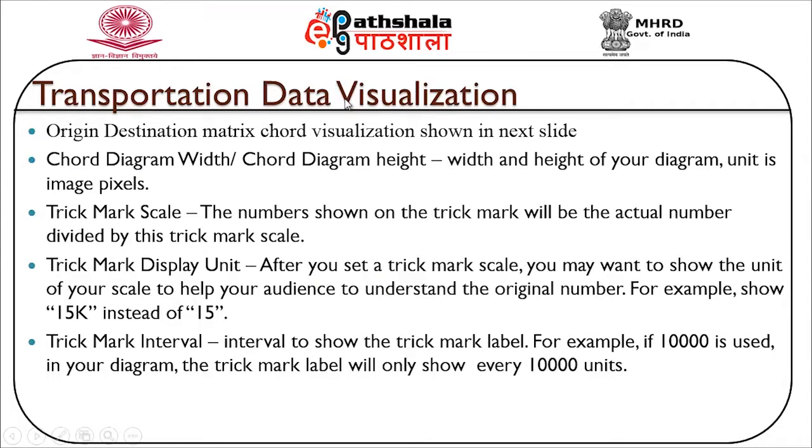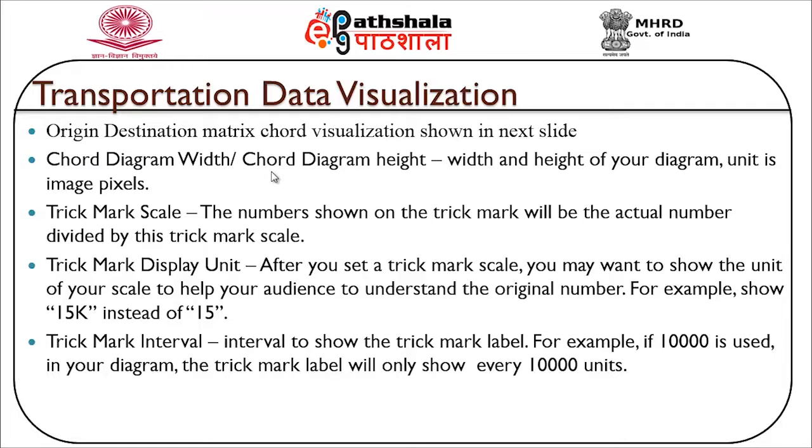Transportation data also amounts to a huge amount of data in day-to-day activities. So this is being shown in the form of a chord diagram. The data is represented in the form of an origin destination matrix, and the chord visualization is shown in the next forthcoming slides. The chord diagram width and the chord diagram height represent the width and height of your diagram. Unit is in image pixels.